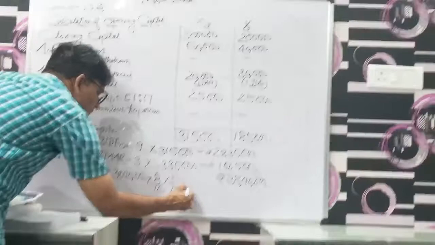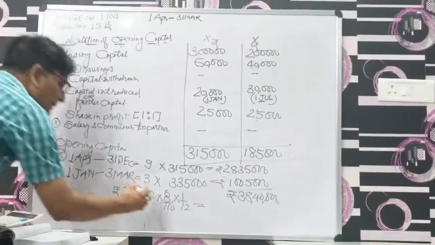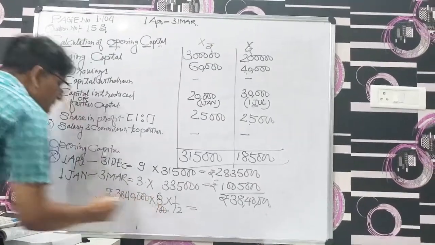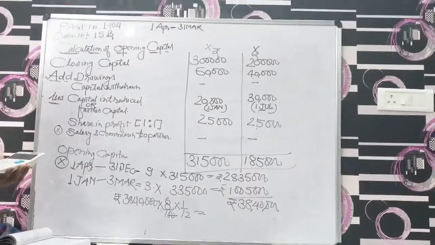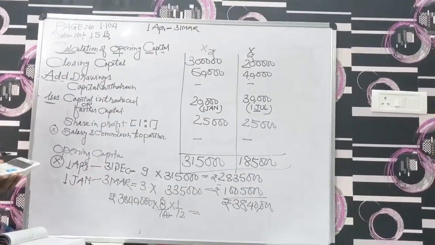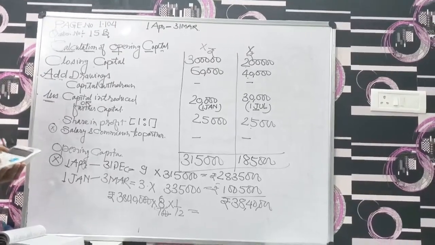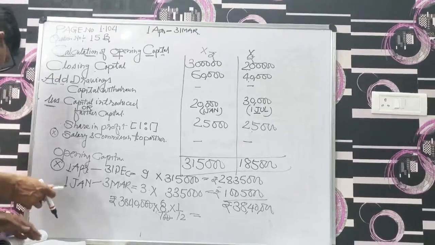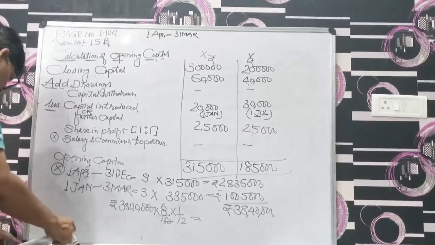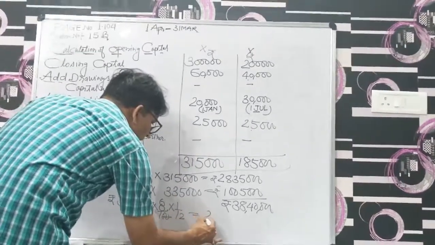So you will get the interest on capital 25,600. The interest of X on capital is 25,600.